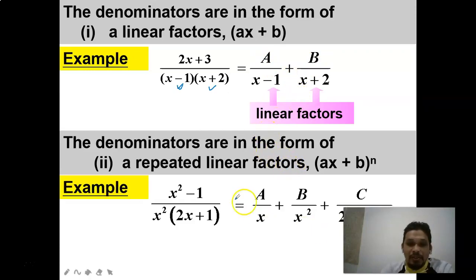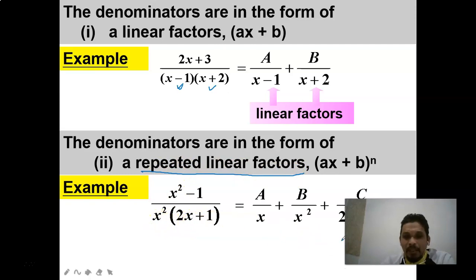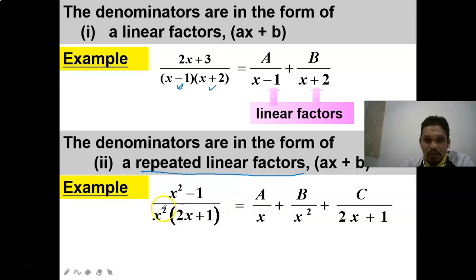And also here, the denominator is in the form of repeated linear factors. Which one represents this, repeated linear factors: x squared or 2x minus 1? Yes, x squared. X squared represents repeated linear factors.